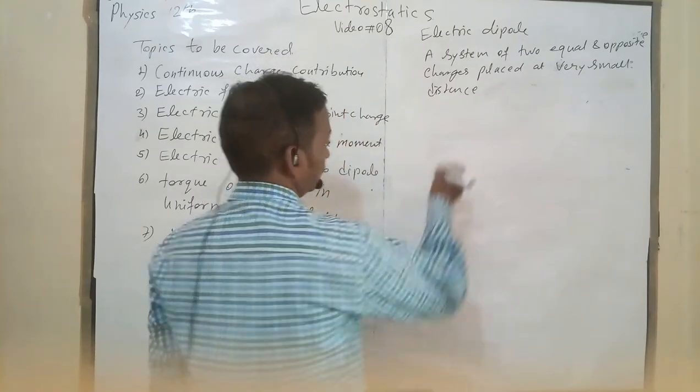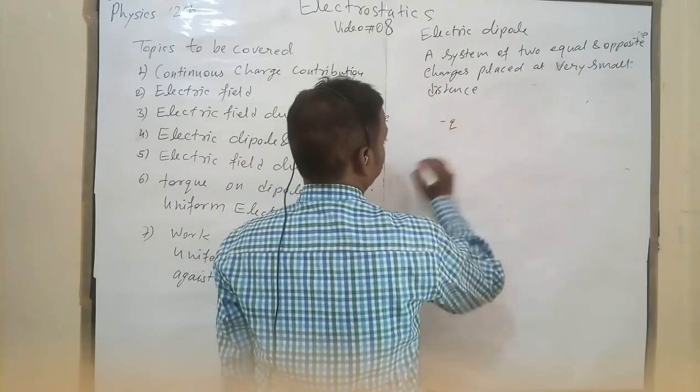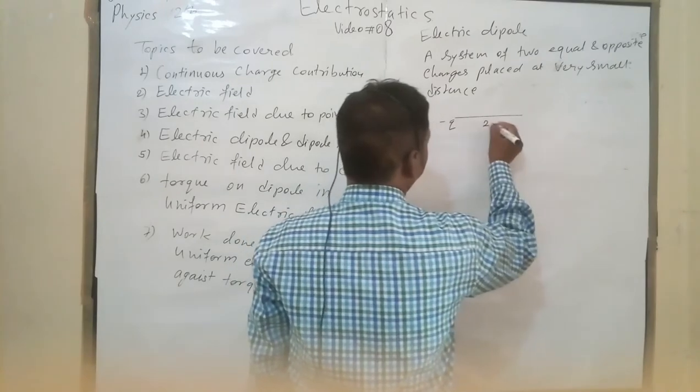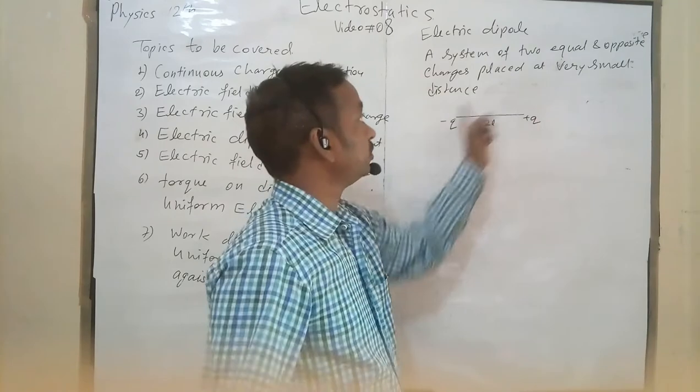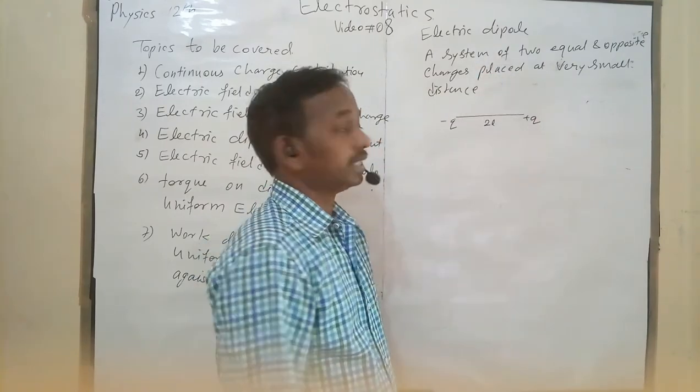See in the picture, that is minus q, and at 2l distance there is a plus q charge. This system is known as a dipole, electric dipole.